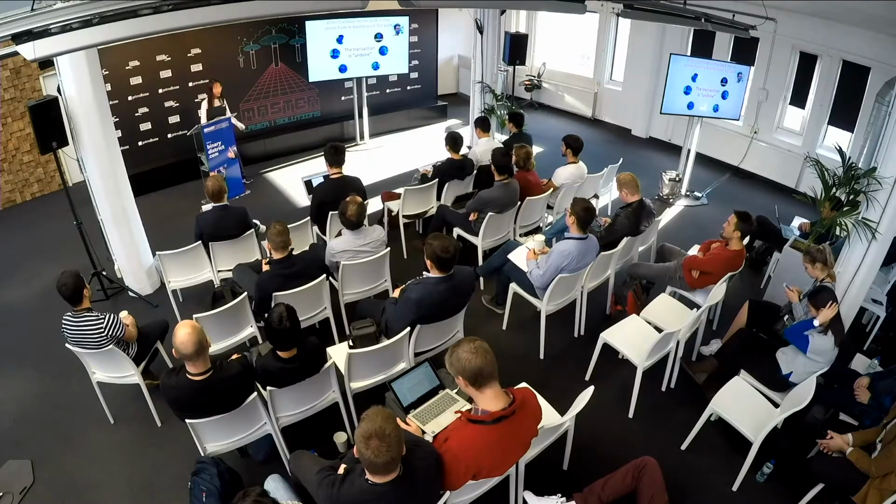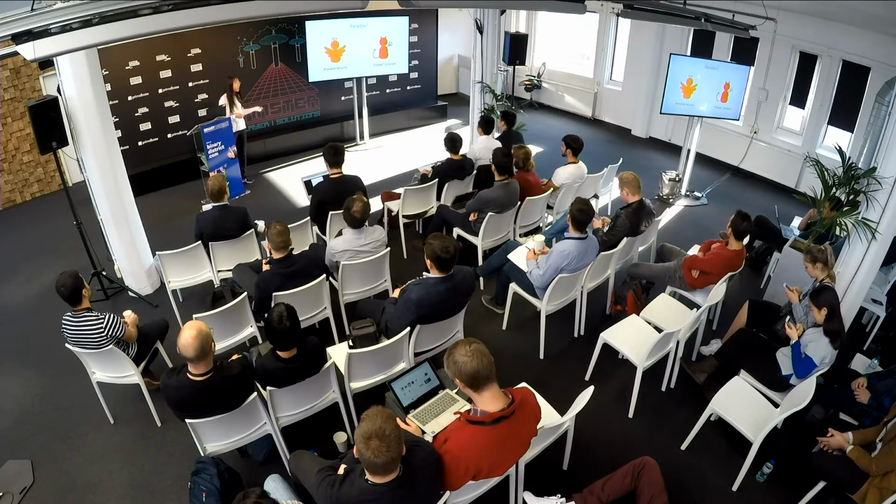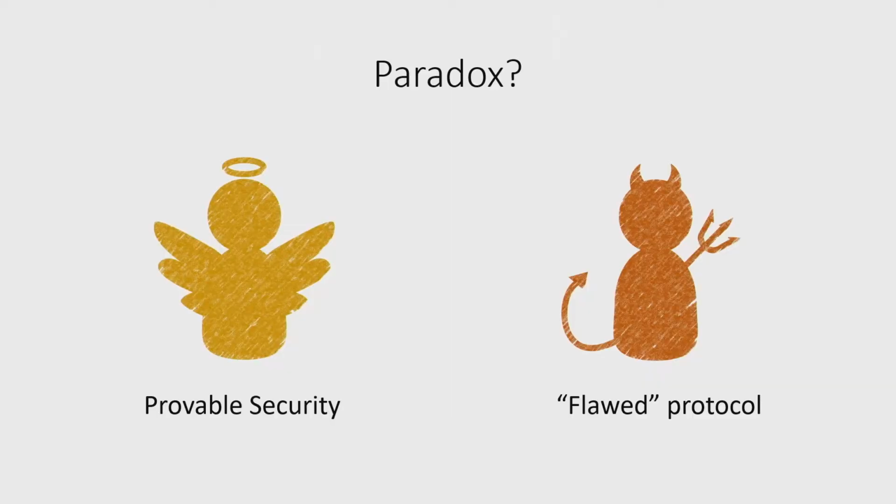So how can a protocol allow this kind of horrible behavior? Does this mean the protocol is flawed? And if you think it is flawed, what about those 74 pages of security proof in the Eurocrypt conference, which is a top-tier crypto conference? Does this mean the whole security proof is also wrong?